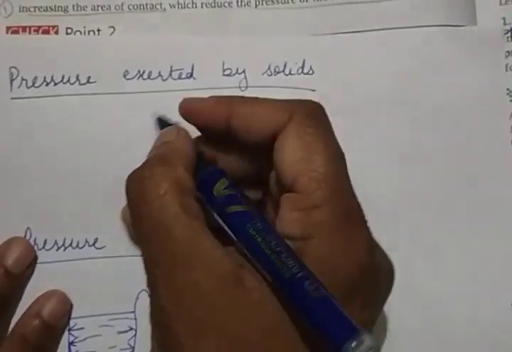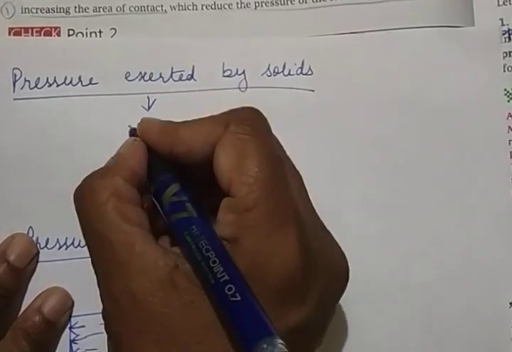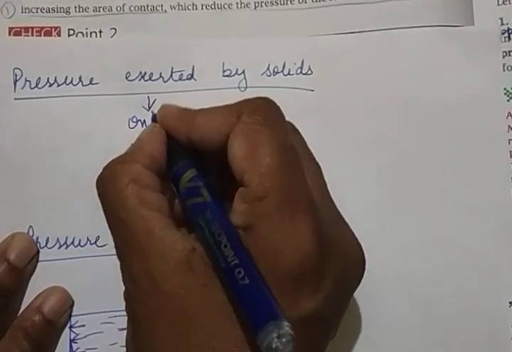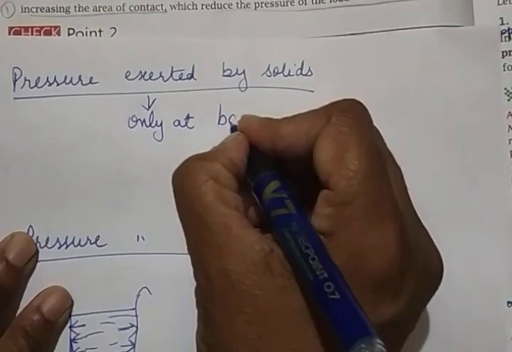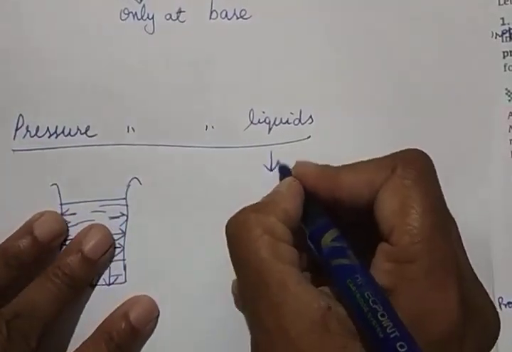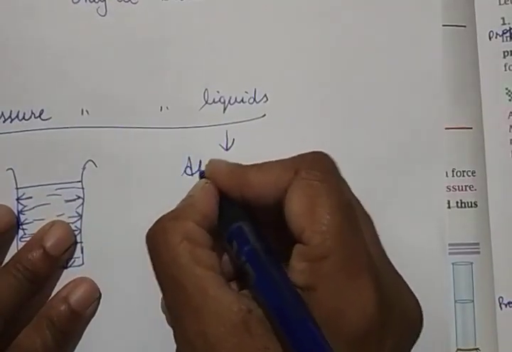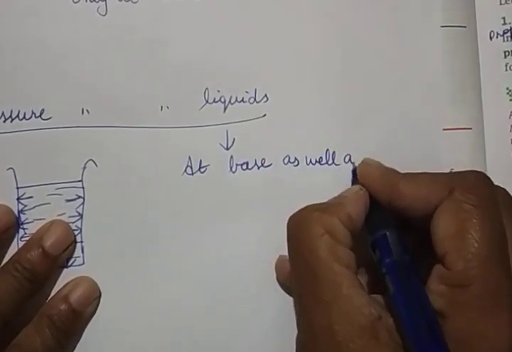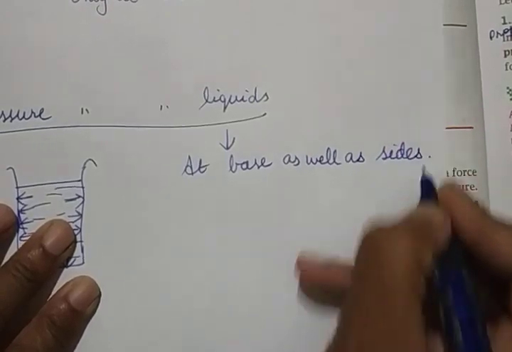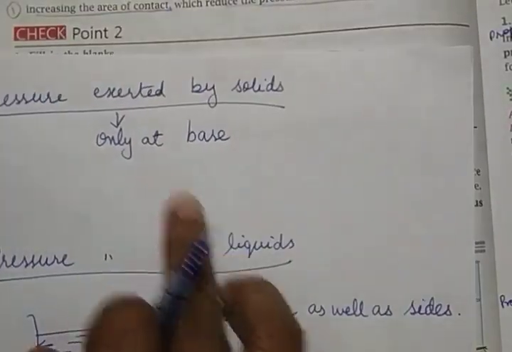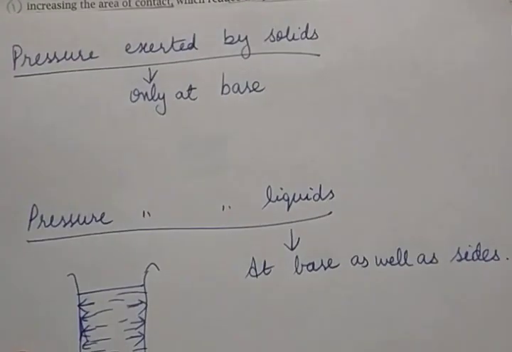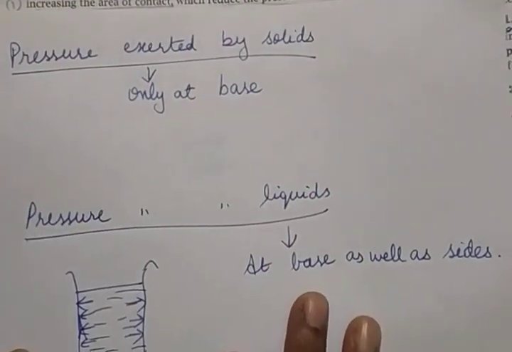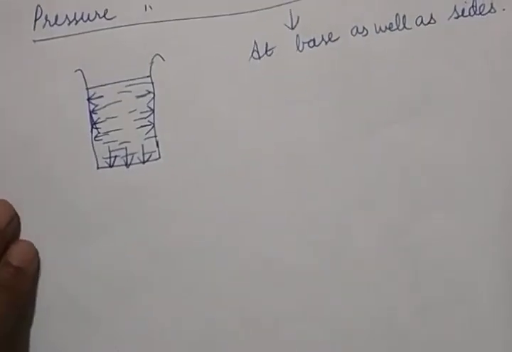So solids can exert pressure only at the base, whereas liquids can exert pressure at base as well as sides. This is the main difference that you have to remember before starting this topic.